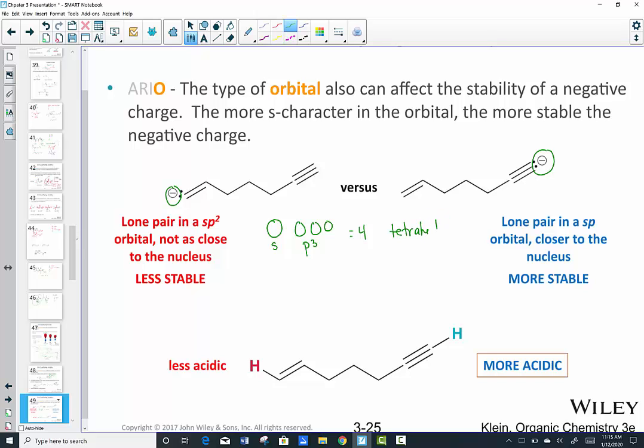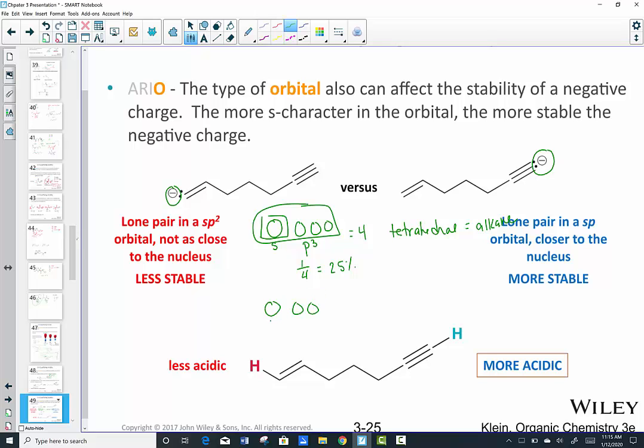This would represent the alkene family, which is a double bond. There is 1 s out of 3 total orbitals, 1/3, which is 33% exhibiting s character.